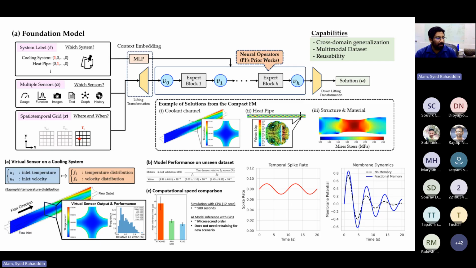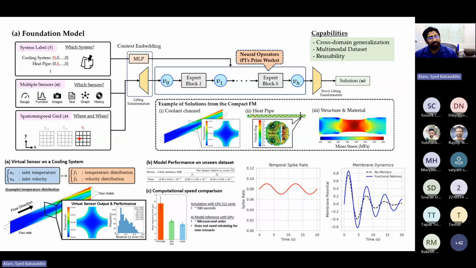We have a multimodal system, a multimodal data set, with multiple sensors in real systems, right? How can we make sure that we have system agnostic capability? For example, in the nuclear reactor, we have the core, the heat exchanger, and the steam generator. We really don't need different algorithms to train all these things.